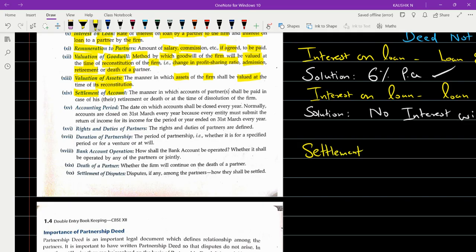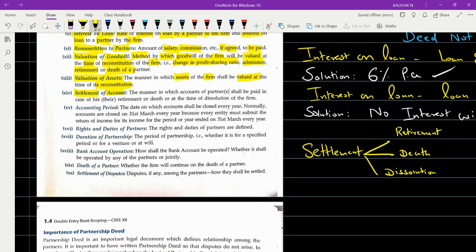So the word settlement, when they use it here, is touching upon these three chapters particularly. What are they, if you ask? One, at the time of retirement, at the time of death, and at the time of dissolution.